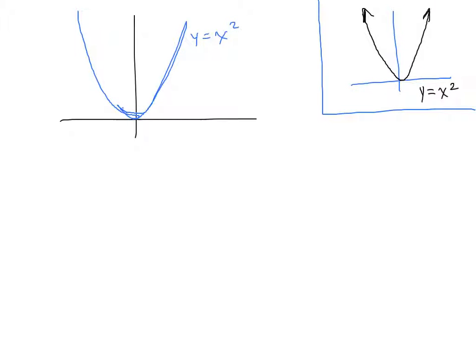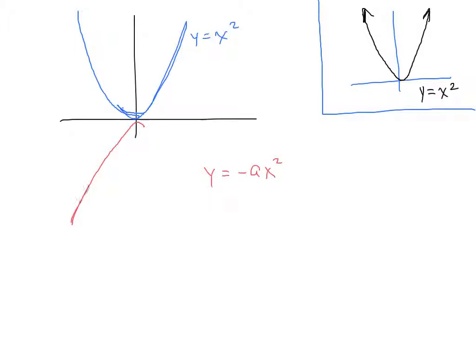If we make a negative, so if we have, for example, y equals -ax squared, then what's going to happen is the graph is going to be flipped about the x-axis. So it's going to be flipped upside down, and it will look like this.